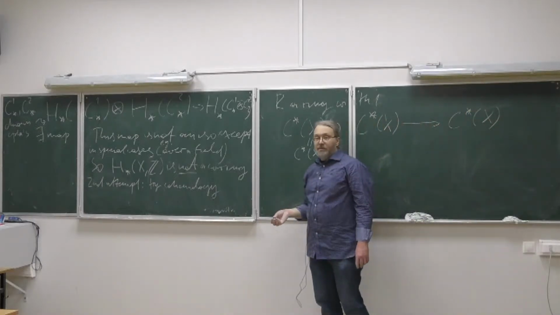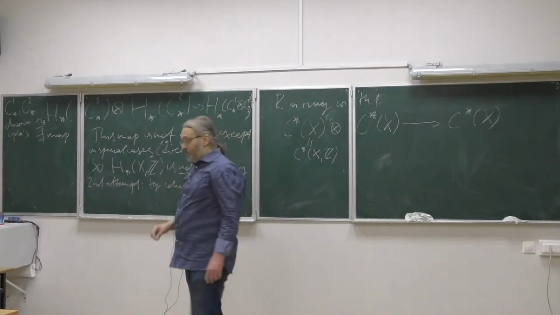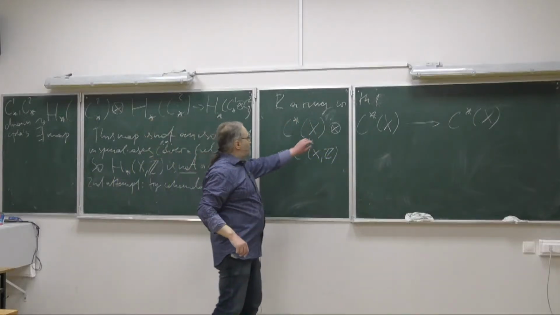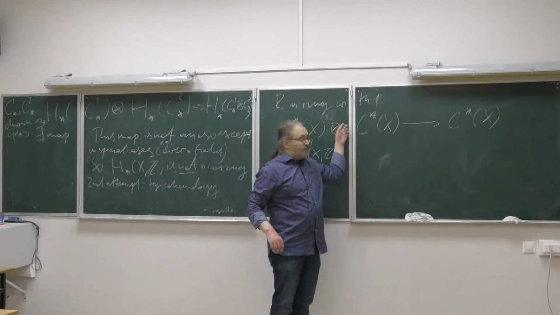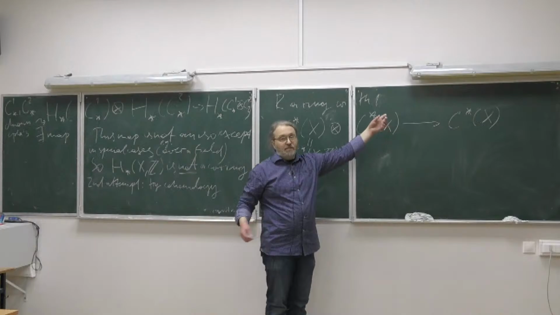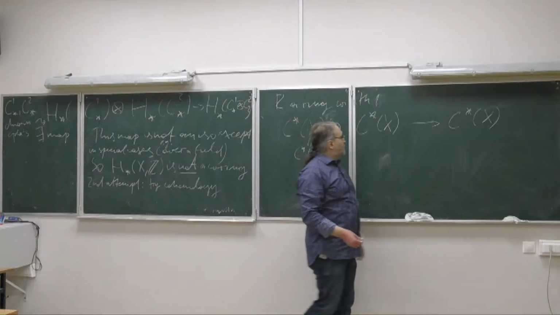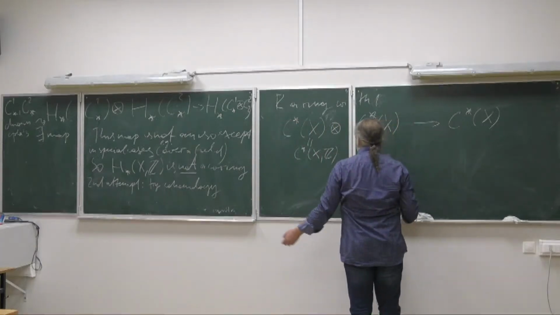I want to map from C upper star of X to C upper star of X tensor C upper star of X. This would give me a coproduct.